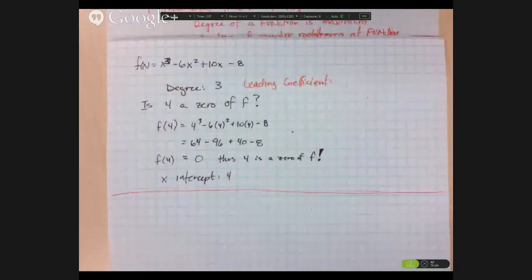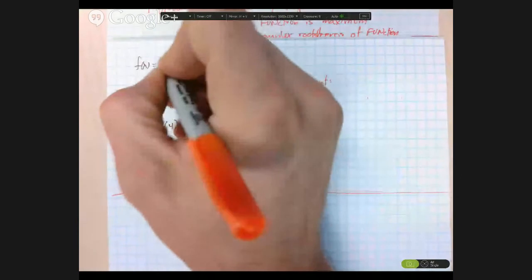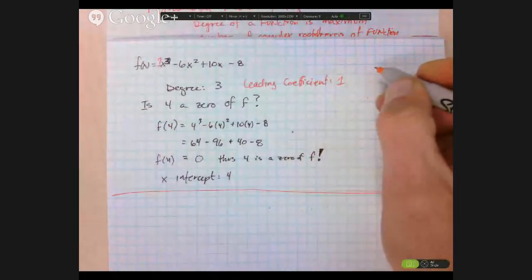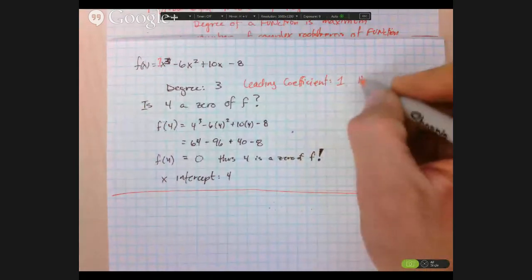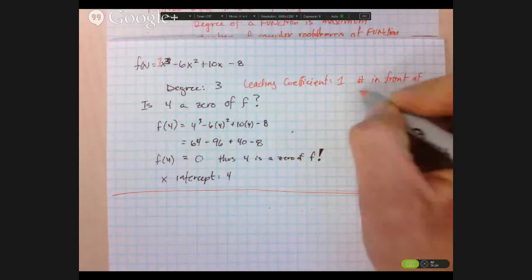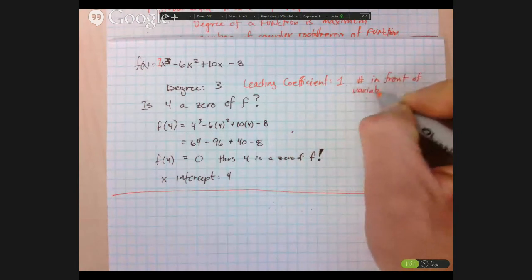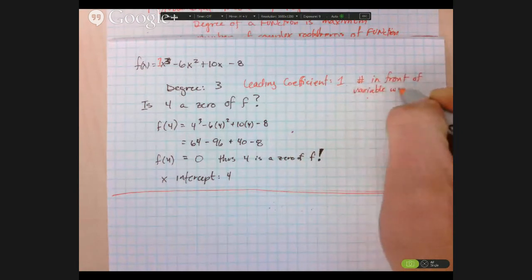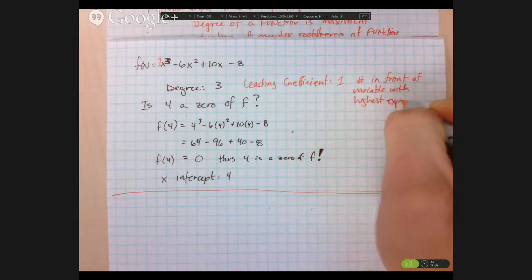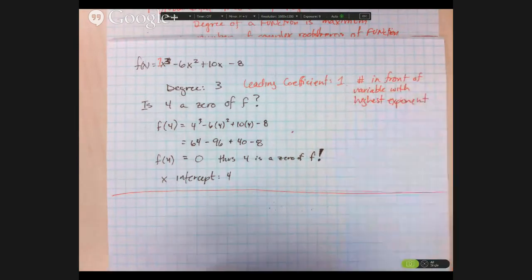Okay, the leading coefficient on this one is 1. It's the number in front of the variable with the highest exponent.